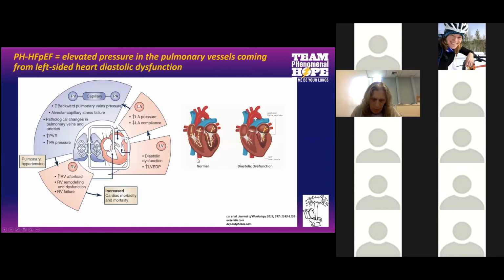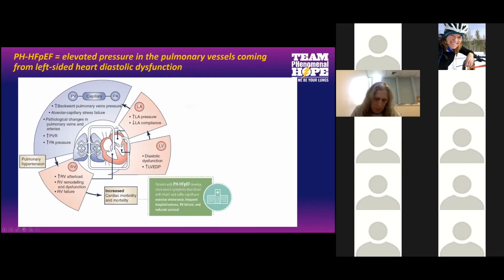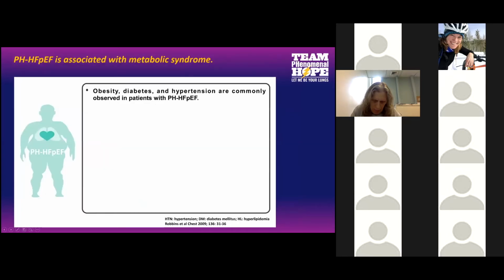Because patients with PH-HFpEF have both left and right side heart dysfunction and failure, they develop more severe symptoms than those with HFpEF and suffer significant exercise intolerance, frequent hospitalizations, right heart failure, and reduced survival. PH-HFpEF is commonly associated with obesity, diabetes, and hypertension.